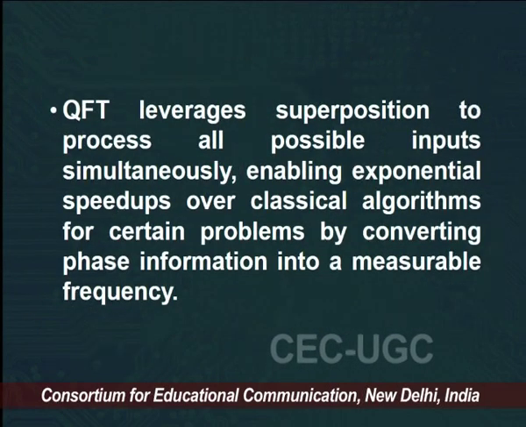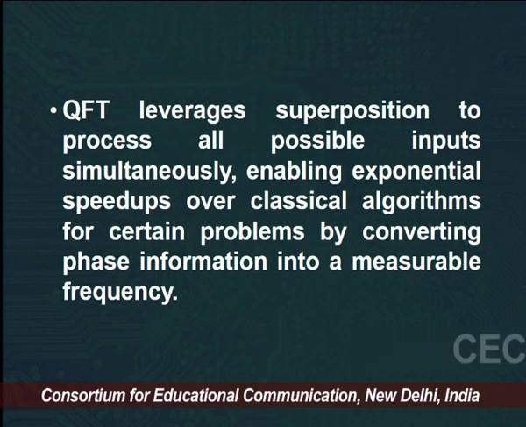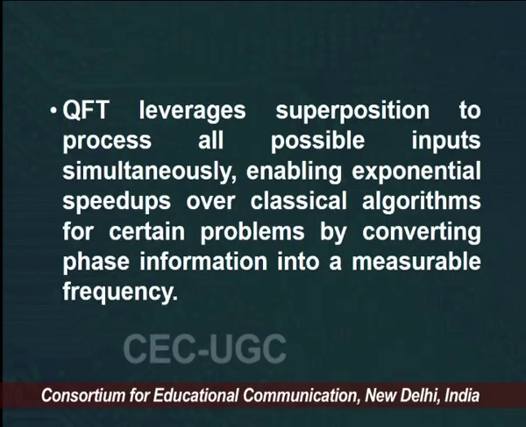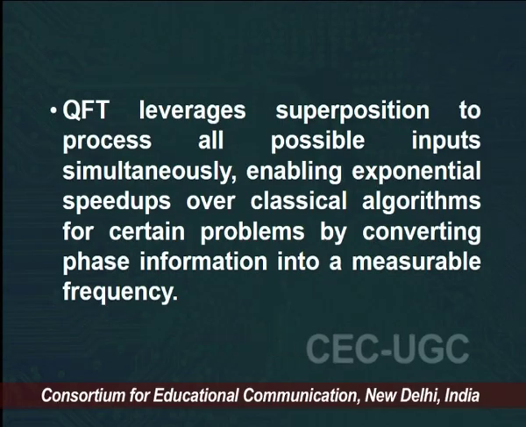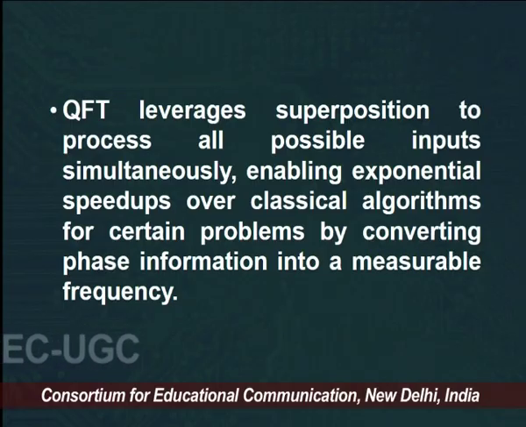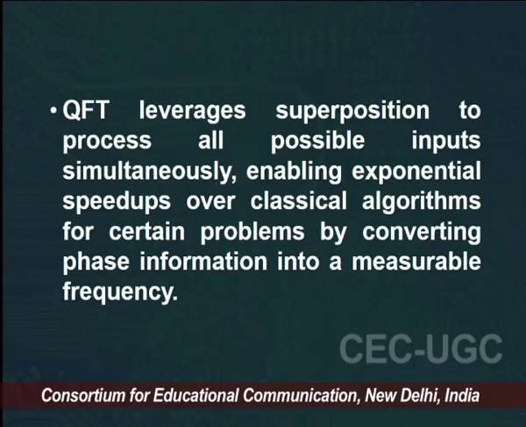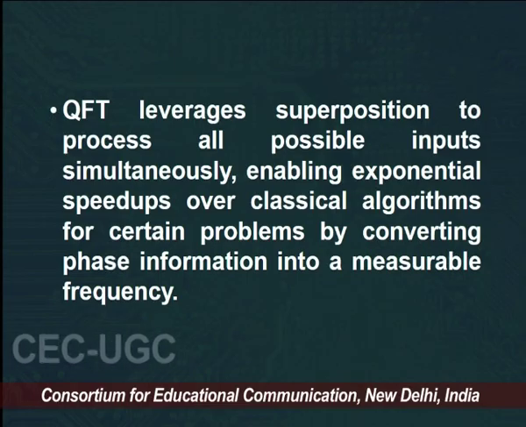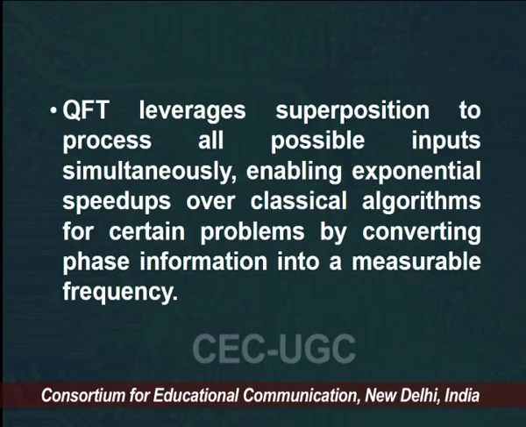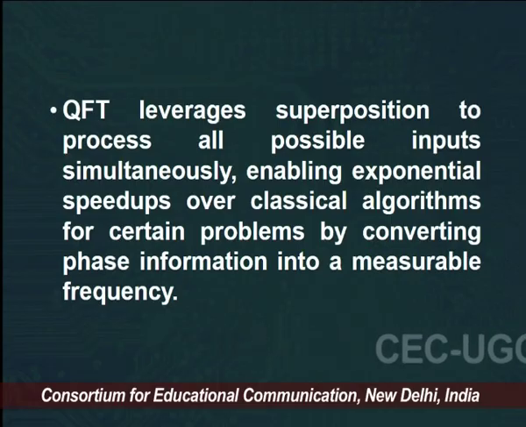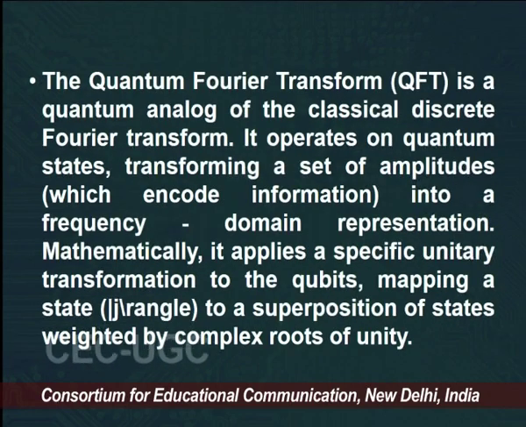So, QFT leverages superposition to process all possible inputs simultaneously, enabling exponential speedup over the classical algorithm. It will solve many problems; all the possible inputs simultaneously can be solved by the QFT, not one by one, enabling the exponential speedup over the classical algorithm for certain problems, by converting the phase information into a measurable frequency.